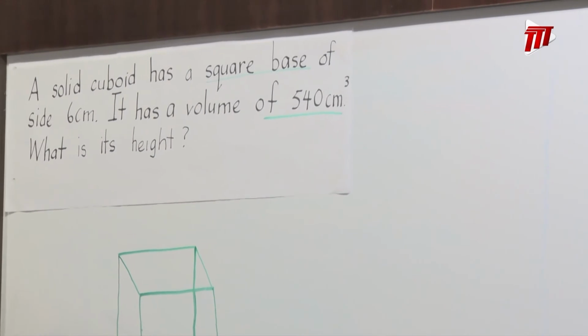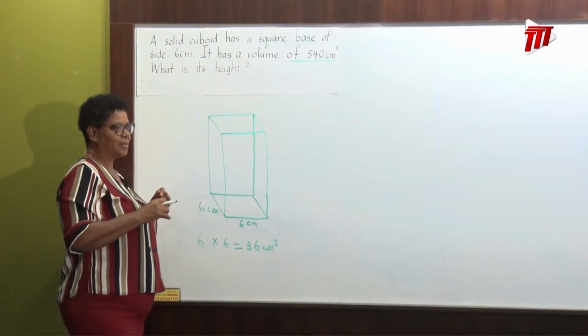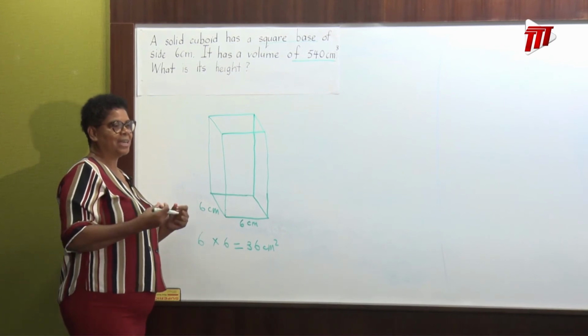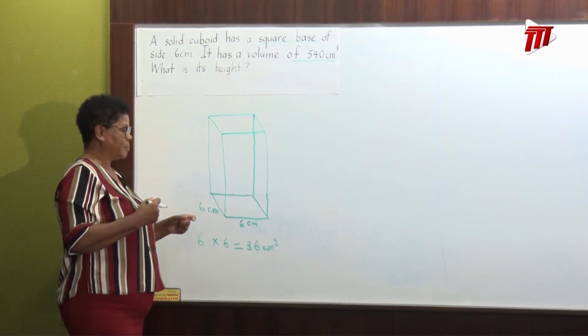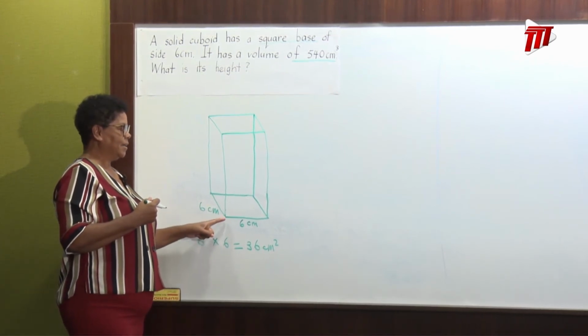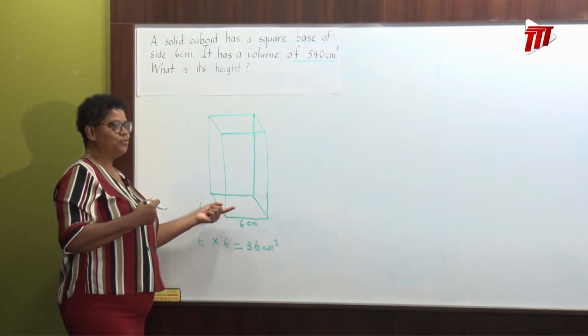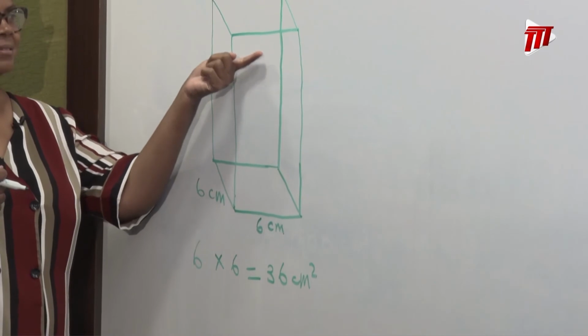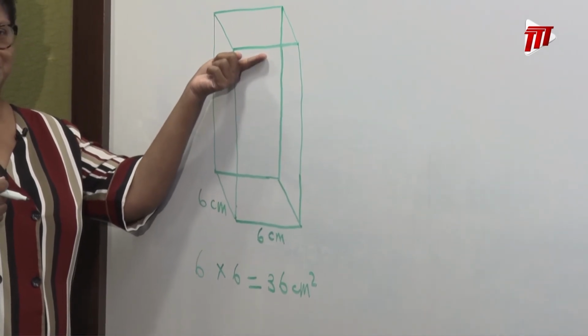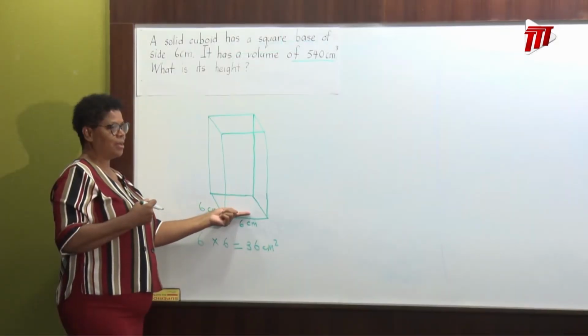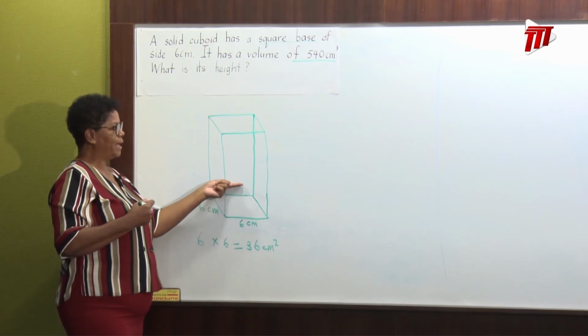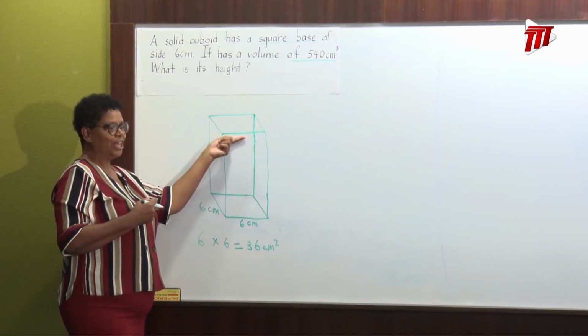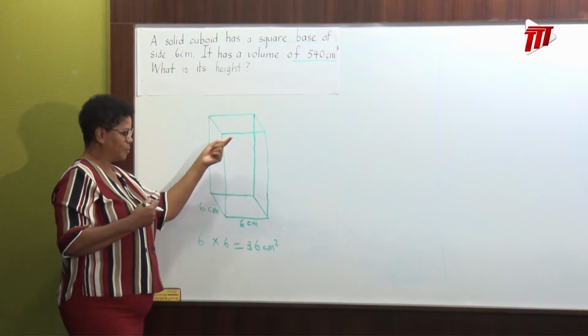Just as we recognized before, the volume is really layers of the base to the top. So my area of my base was multiplied by my height in order to give me my volume.